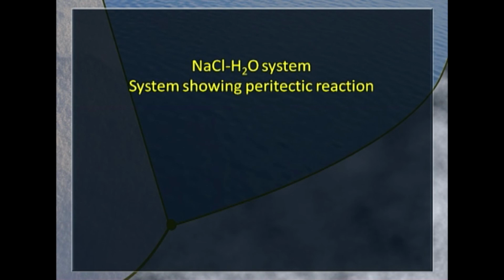Sodium chloride water system. This is a system in which we have a peritectic reaction. The components have a tendency to form a compound, and this compound is not stable and cannot be heated to its own melting point. Before reaching that point, it decomposes to give another solid and a melt where there is a difference in composition.